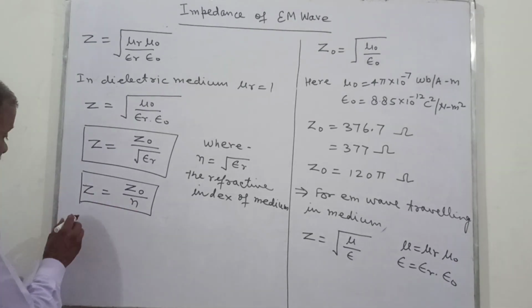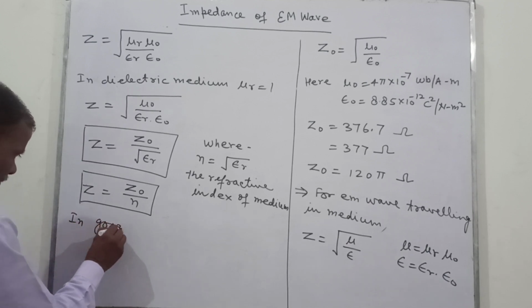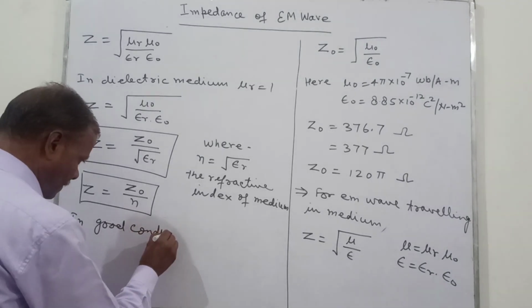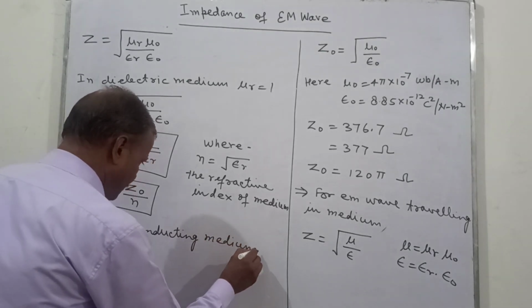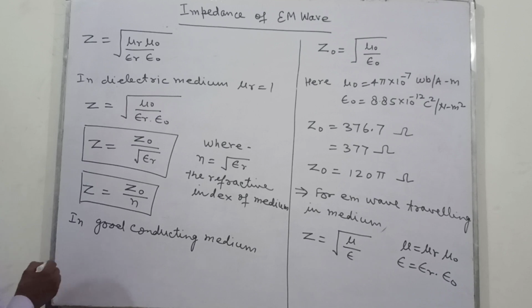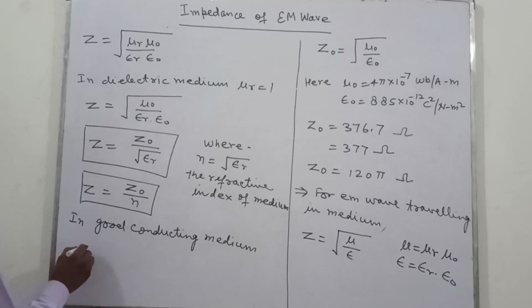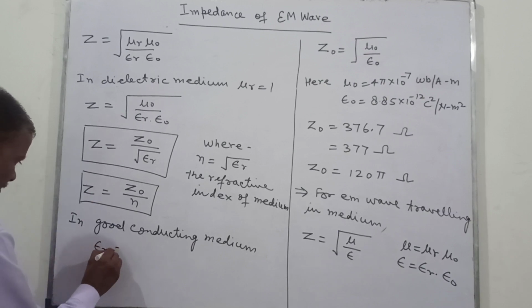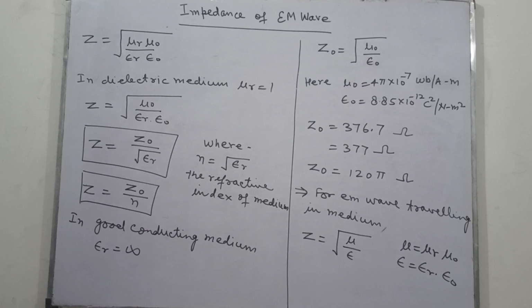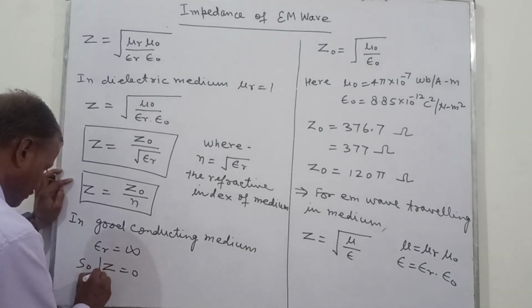Now in a good conducting medium, the refractive index n, with epsilon r equal to infinity, is equal to infinity, so now Z equals 0.